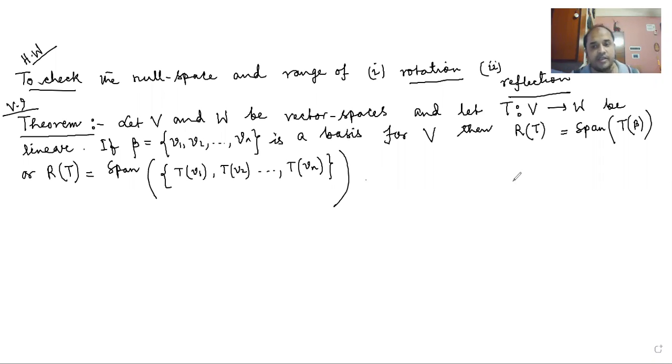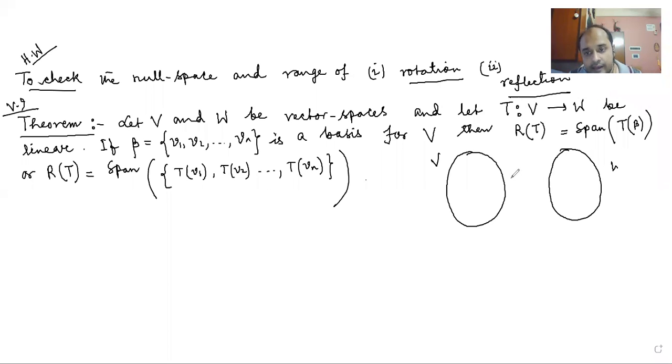What is this theorem saying? This theorem is saying that if we have two vector spaces V and W, and if we have a basis, suppose I am considering a set beta with the points V1, V2, dot dot dot, Vn, by which all the other points of the vector space V can be generated. Beta is the basis.